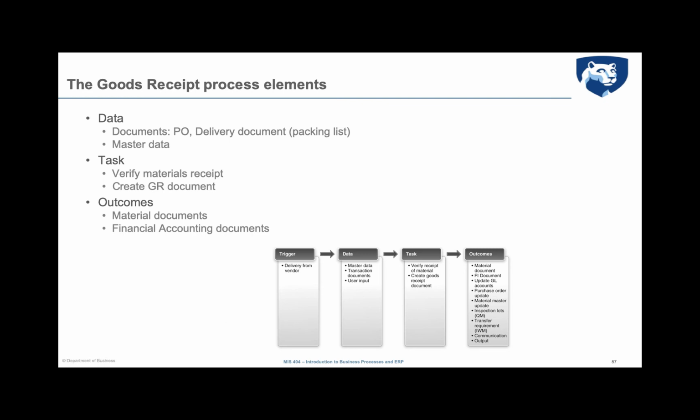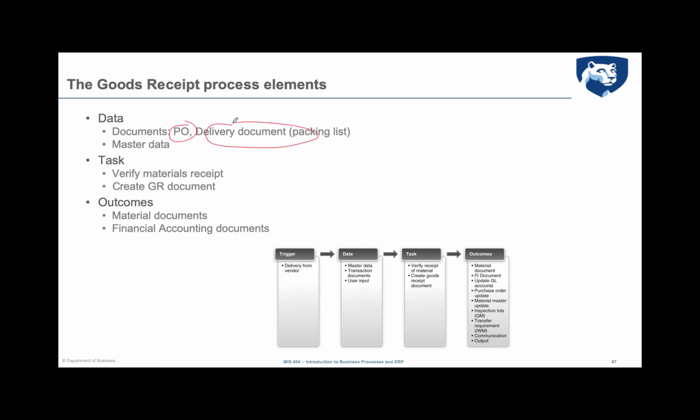The next step is that the vendor is taking care of my request, and at a certain point it will send me the goods or the service that I requested. Remember, we are talking about goods because they are tangible, but if it were a service, it would be the same. Whenever you receive the goods or the service that you have requested, you need to create the so-called goods receipt document, which includes data like the purchase order and then the delivery document.